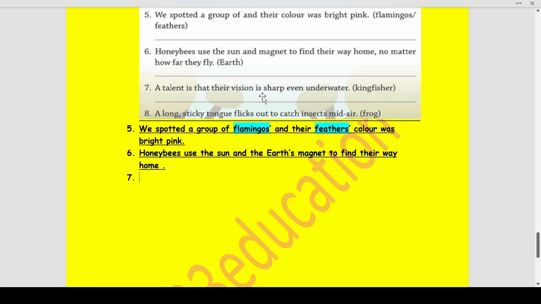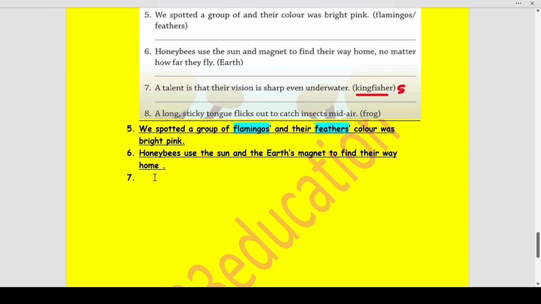A talent is that the vision is sharp even under water. Now, what is the noun which has been given to you? The noun which has been given to you is kingfisher. Kingfisher is a singular noun. Okay, so you will write. Now, what about the kingfisher are we talking? We are talking about the talent.